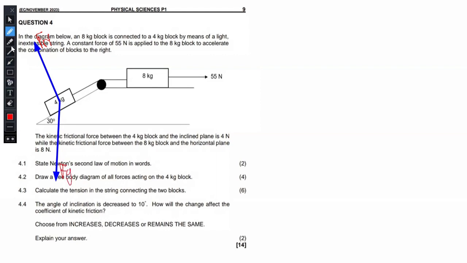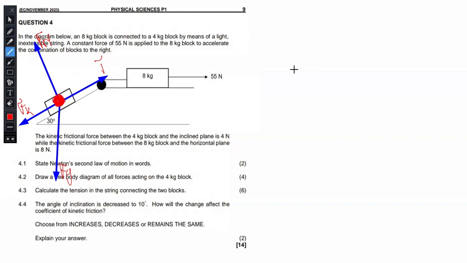And then up the slope, we have our tension force. We can see it is being pulled by a rope there or joined by a rope to the 8 kg block. So this is a tension force. And then down the slope, it is the force that opposes the motion of the object, which is the kinetic frictional force, Fk. Then we can indicate that dot there to represent the object. So right, this is one way to draw your free body diagram.